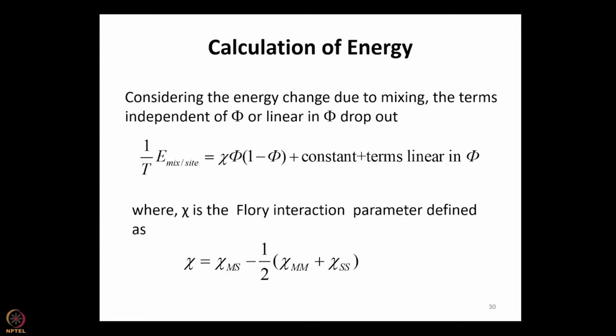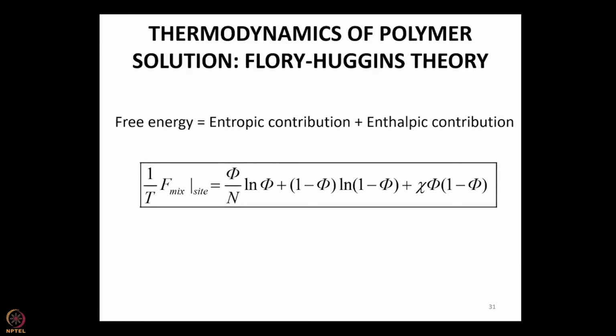So this becomes the important term in understanding the thermodynamics of polymer, because the solvent-polymer interaction is chi phi (1 minus phi). Chi gives the relative interaction, and phi times (1 minus phi) gives the probability that a monomer is interacting with a solvent molecule. Then I add all these things together and again minimize.